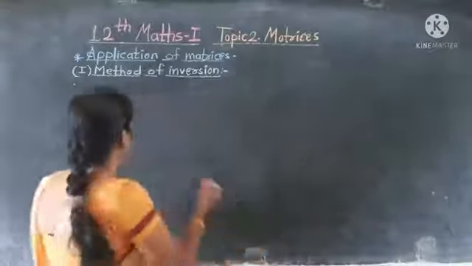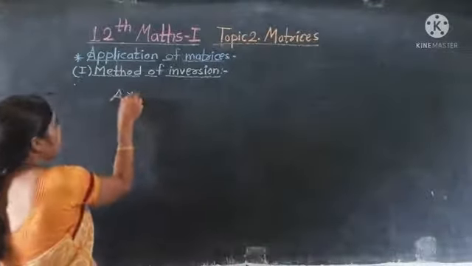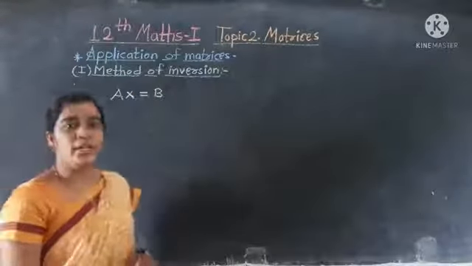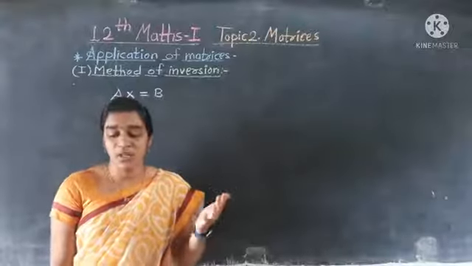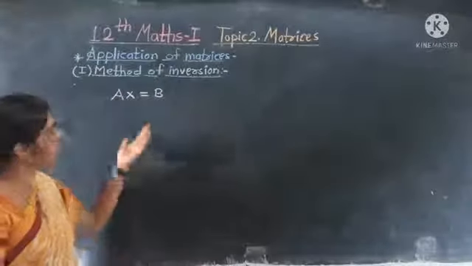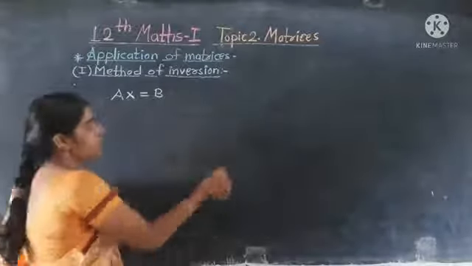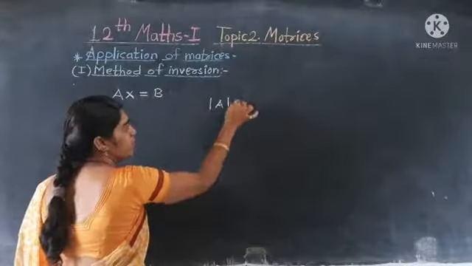As I told you, we write the given system as AX is equal to B. So we use the inverse of the matrix. We pre-multiply by A inverse. A inverse exists if determinant A is not equal to 0.